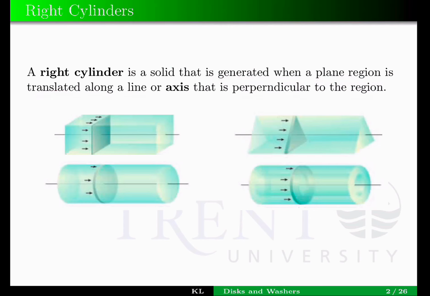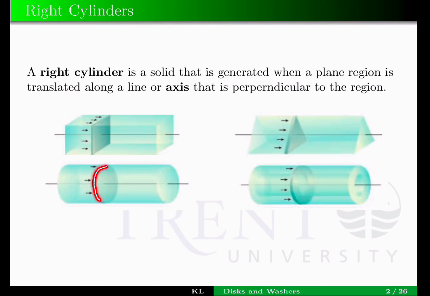perpendicular to the region. So in these figures, we consider this square here. This will be a plane region and it is translated this way or that way. So the plane region here is somewhat vertical and the translation is horizontal.